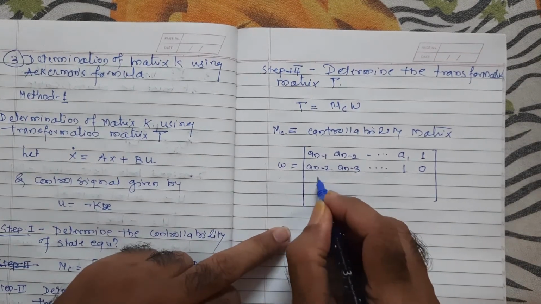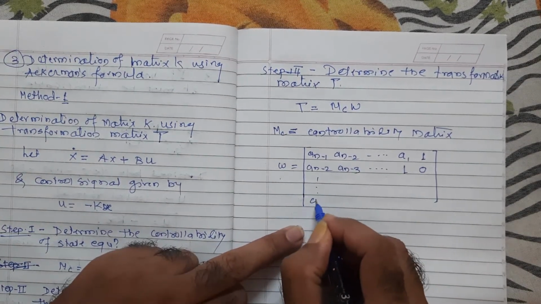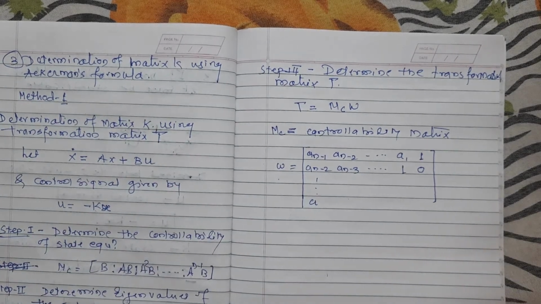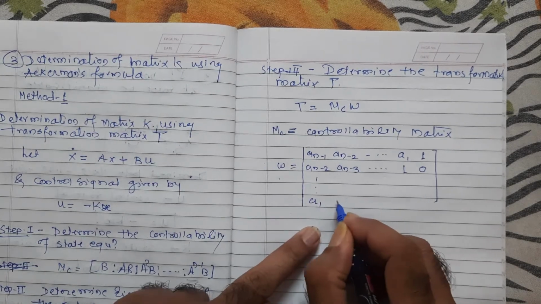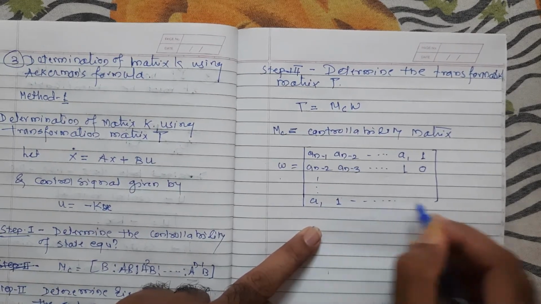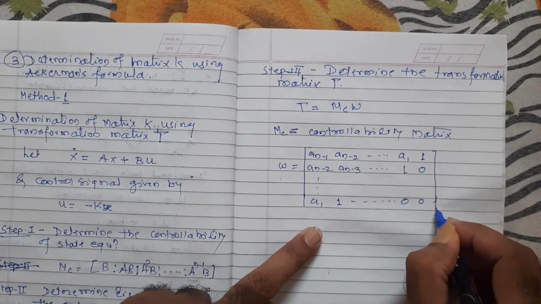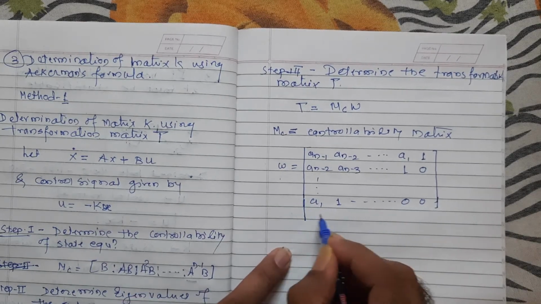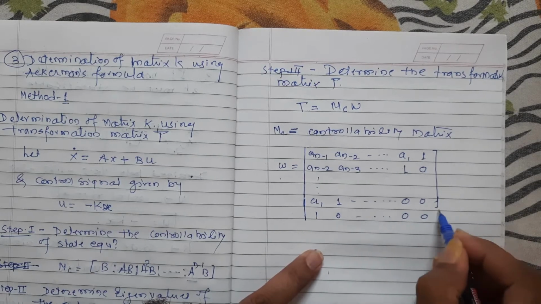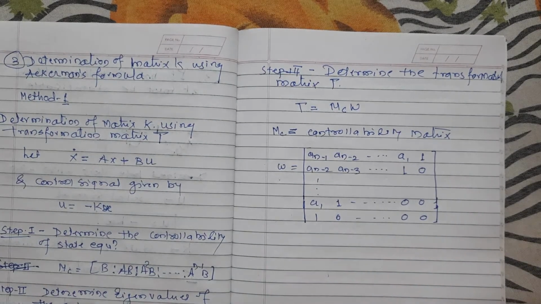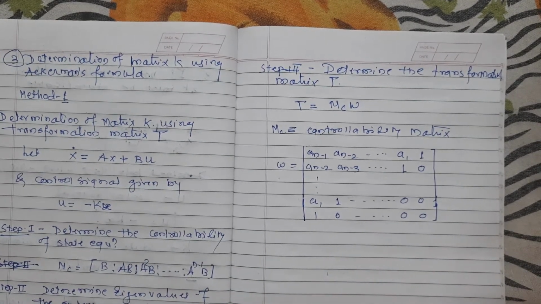Similarly we come down: here is a1, then 1, then 0, 0, and then 1 and 0, and all zeros. This is my W.